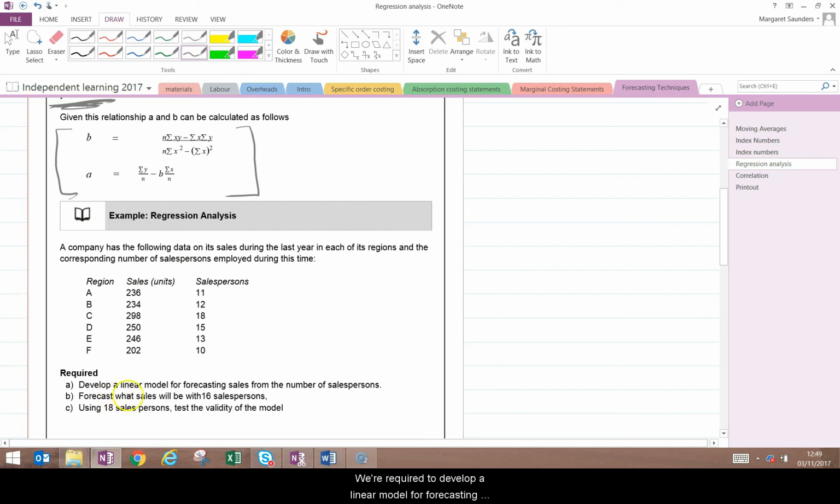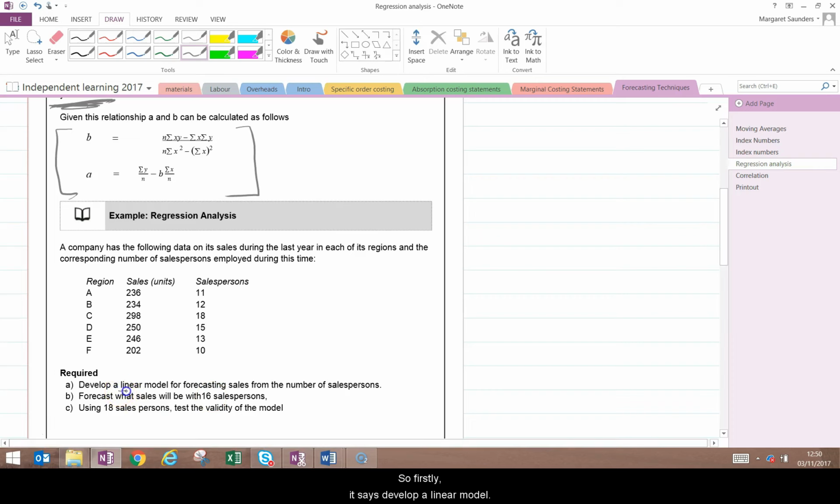We're required to develop a linear model for forecasting the sales from the number of salespersons. We will then use that model to forecast what the sales would be with 16 salespersons, and then we can also test the validity of the model by forecasting the sales at 18 salespersons.